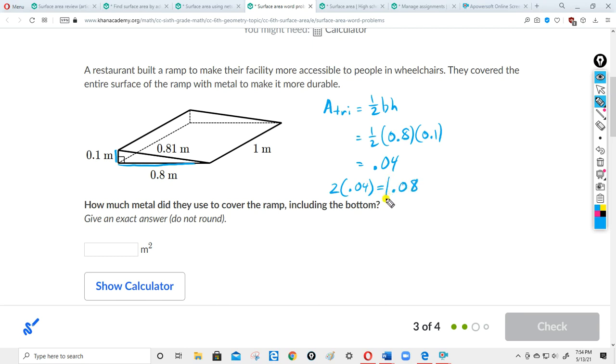Use the calculator if you're not sure. Now, this rectangle on the top here is going to be 0.81 times 1, and of course that's just 0.81.